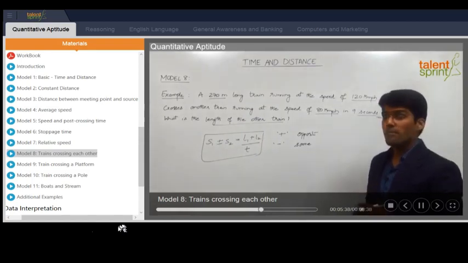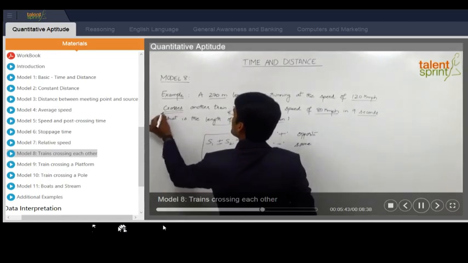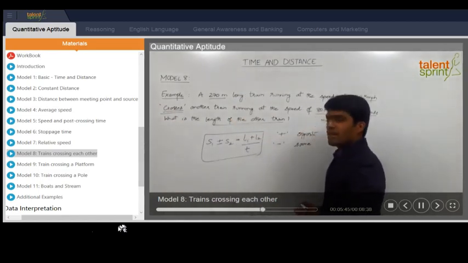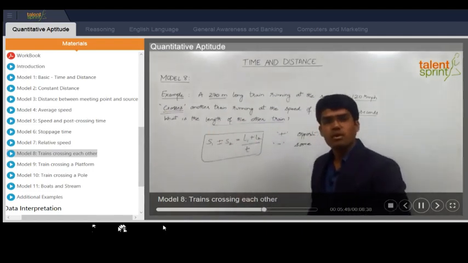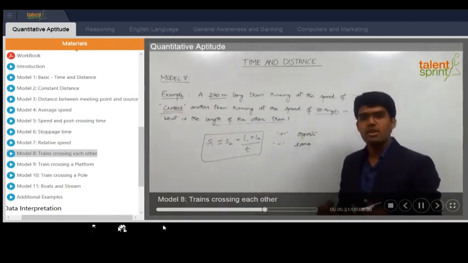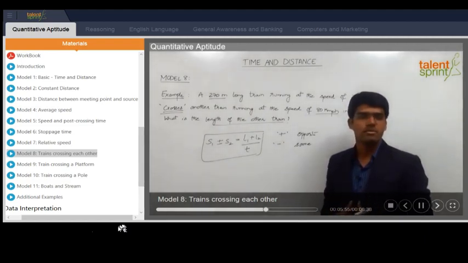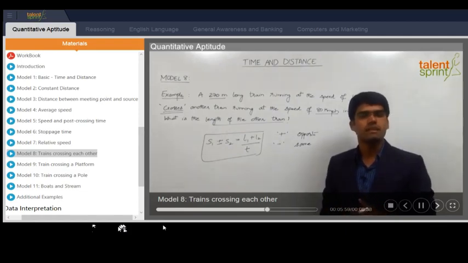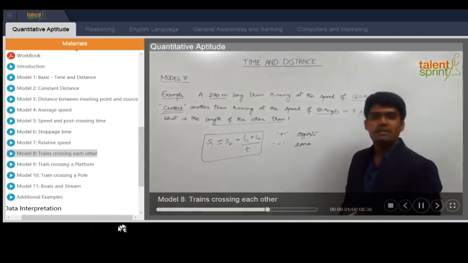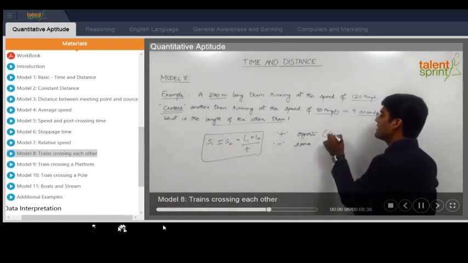But one important point given in the question here is that the first train crosses another train in 9 seconds. Now the word crosses here plays an important role. Understand friends, crossing is possible only when the two trains are running in opposite direction. So instead of directly saying that the two trains are running in opposite direction, the question says they are crossing each other. So it is clear that the trains are running in opposite direction.